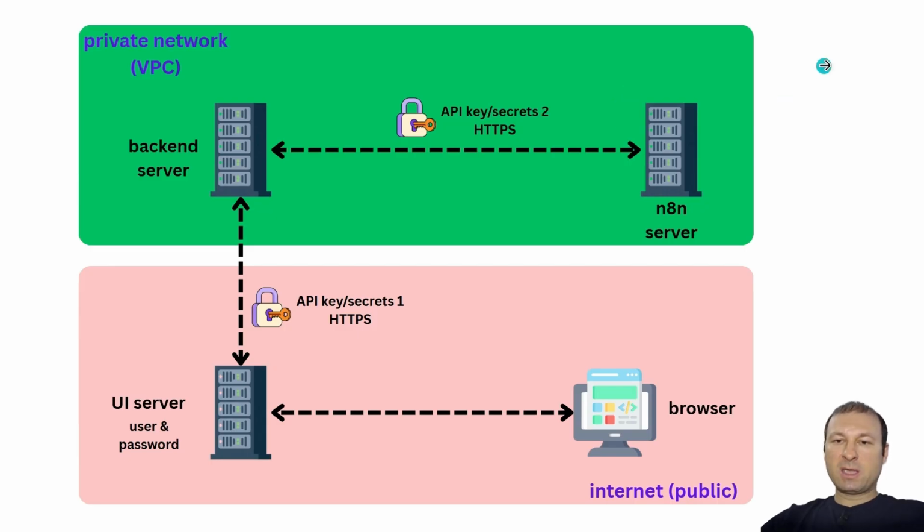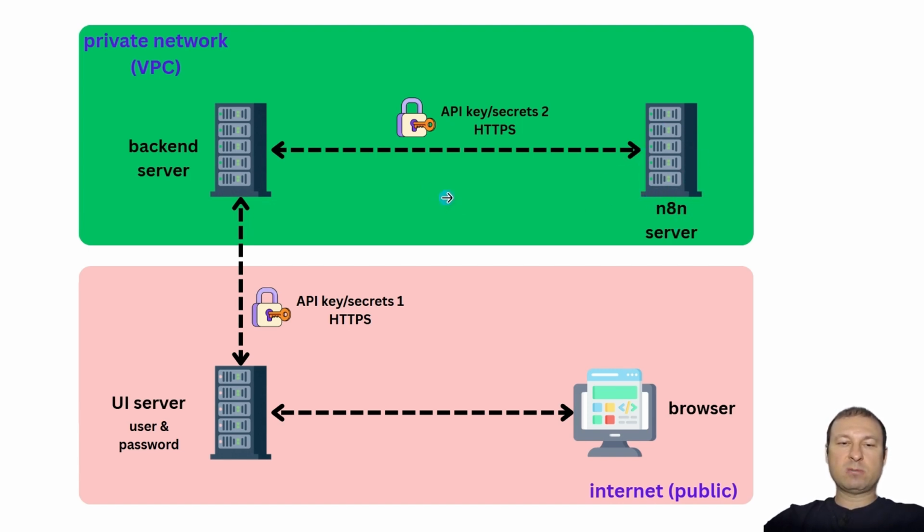So in this case, the attacker won't be able to scan the IP ranges and find your n8n server, because this n8n server is using its own private IP inside this private VPC. So I stress again, this is one of the most important and most effective ways to achieve isolation for your n8n server.